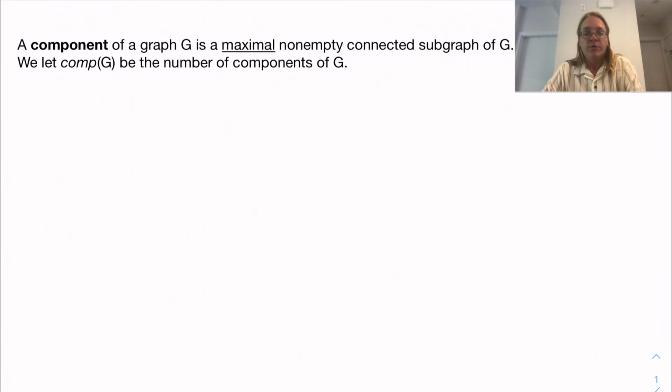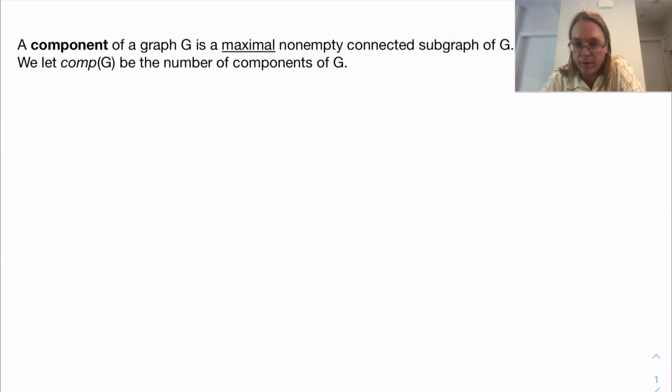So now back to our actual definition here. A component of a graph G is a maximal non-empty connected subgraph. So what does it mean? It's a connected subgraph. It's got to be non-empty. You have to have something in it. It's not fair to just give me the null graph. And it cannot be enlarged.